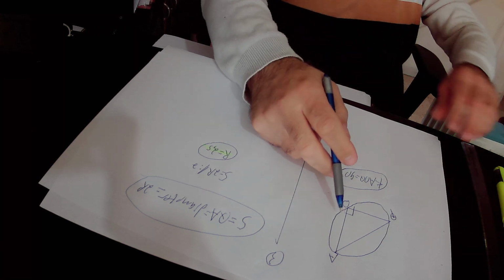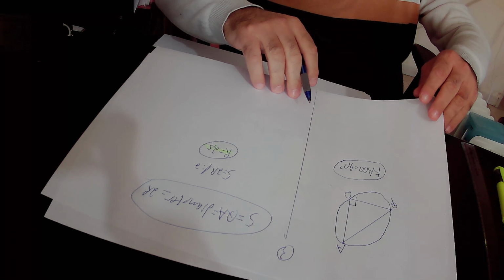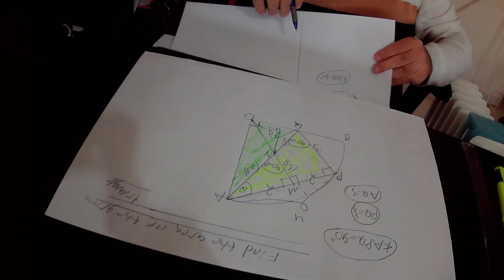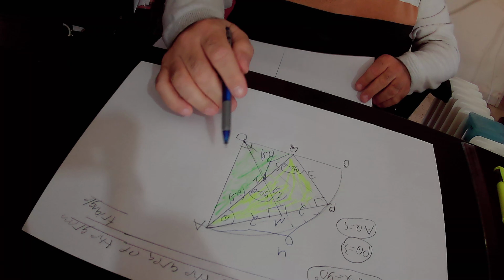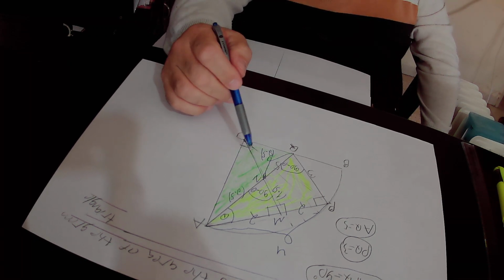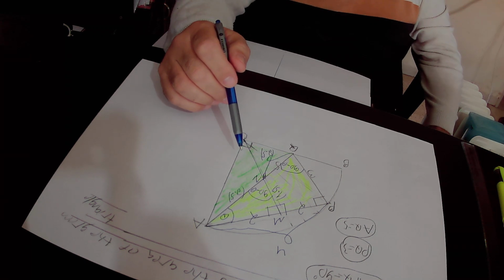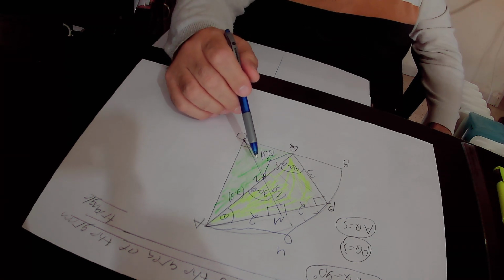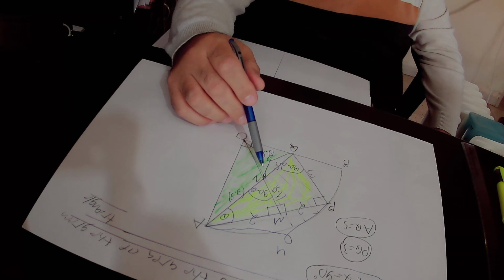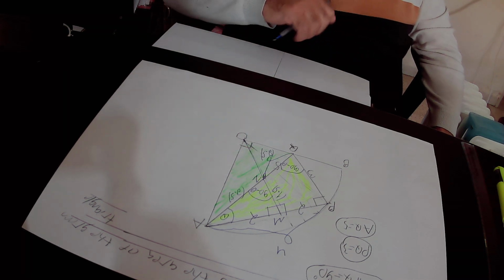So this is the right triangle AOQ that I copied from the original drawing. This is exactly the same right triangle AOQ. In the next step I will copy point N from the original drawing to our drawing here.